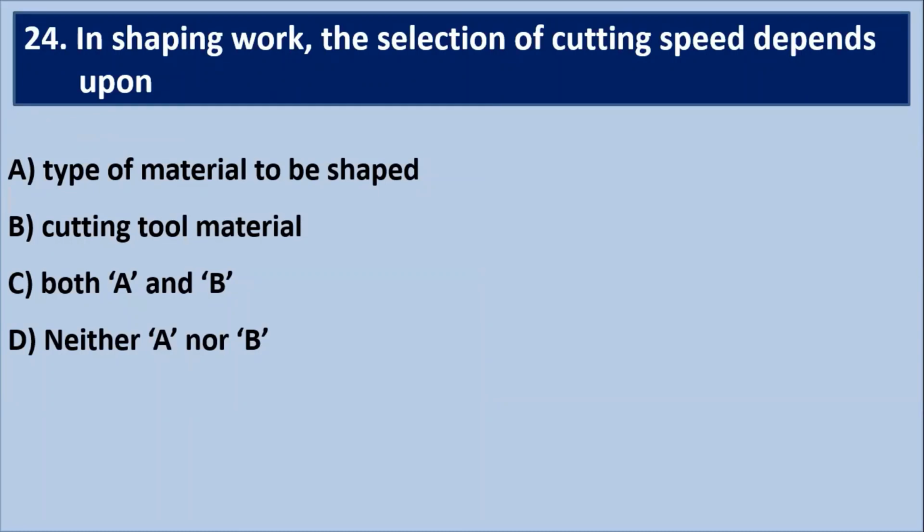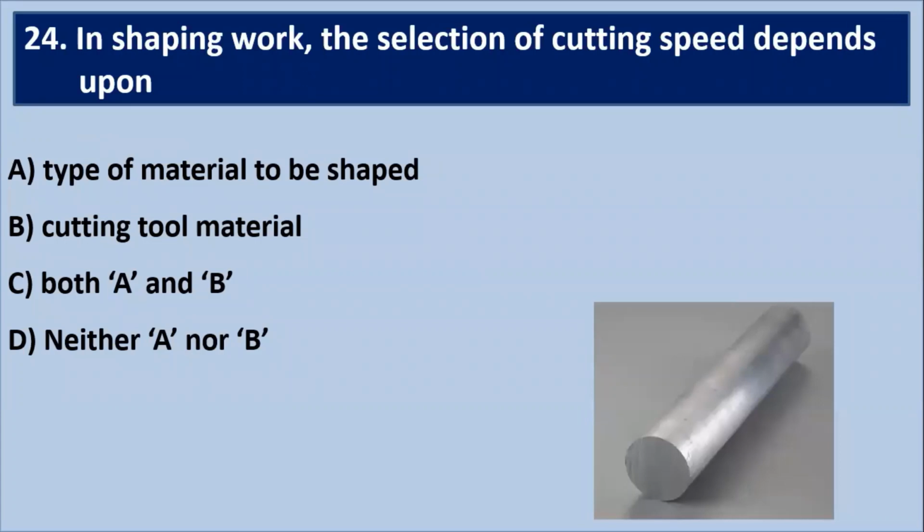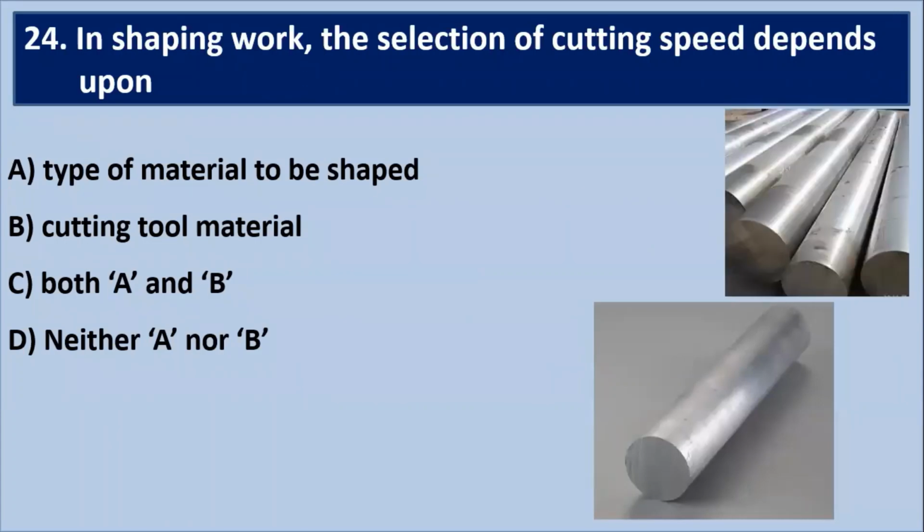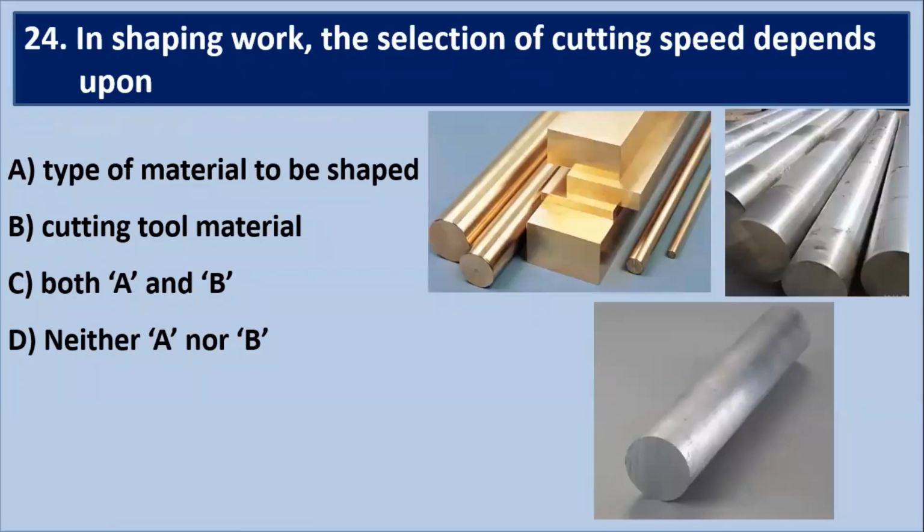Next is, in shaper work, the selection of cutting speed depends upon. I'll show you some diagrams. This is the aluminum material. This is the SS material. I have shown this as a copper material.